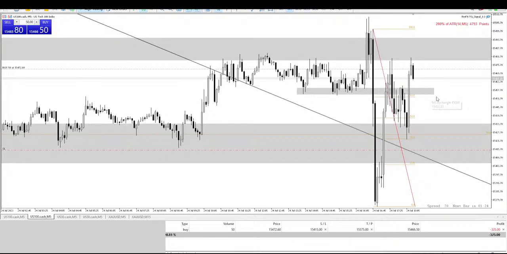Hey, Waggy, you still in the long trade? If you are, then... Oh no, but your entry was all the way up here, so you're close to break even.